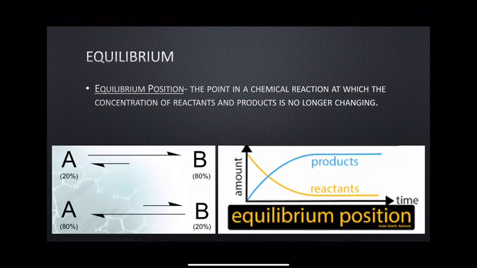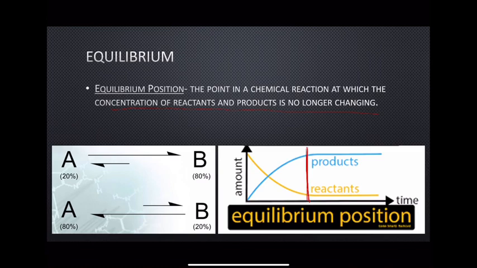So again, the equilibrium position is that point about right here on the graph where the concentration of the reactants and the products is no longer changing, okay? Now, before you get to that equilibrium position though, sometimes you have reactants that are favored. Sometimes the reaction is proceeding in the forward direction more.